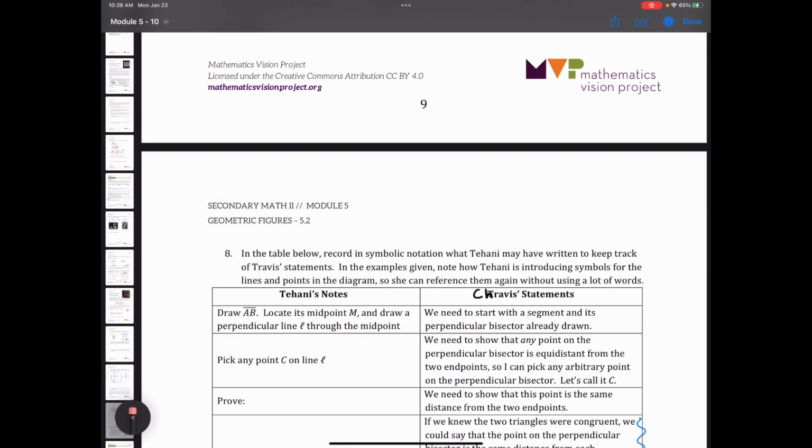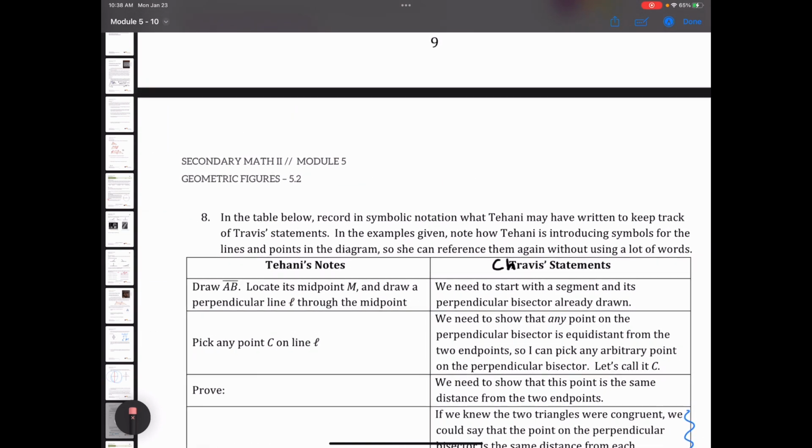Wait, but wouldn't that statement just be true definitionally? Right, the point would have to be equidistant because it is a bisector, and bisector means that both other sides are equidistant. So, perhaps, but we are going to take the steps to try to prove this now.